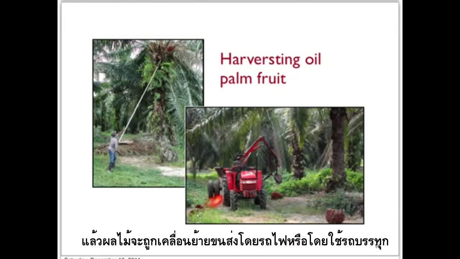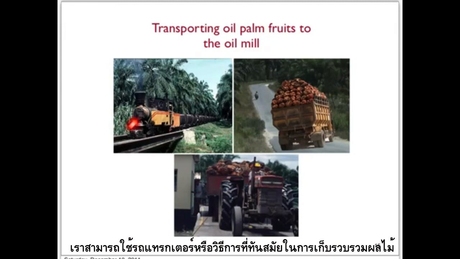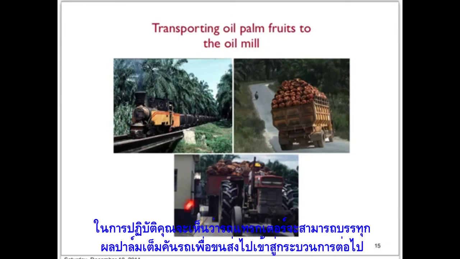These days we can use the tractor or the modern means to collect the fruit. Then the fruit will be transported by train or by using a lorry to the factory. As you can see here, the tractor brings a full load of oil palm fruits into the factory to be processed.